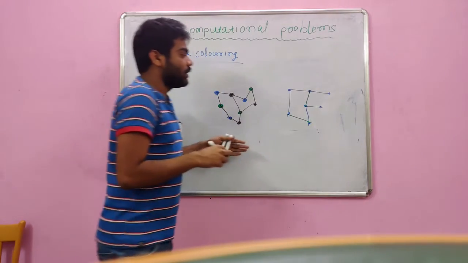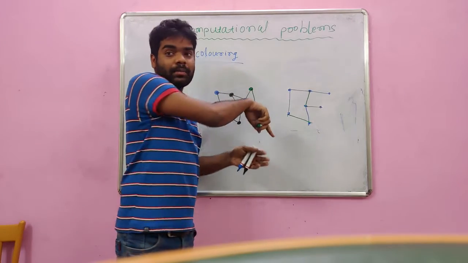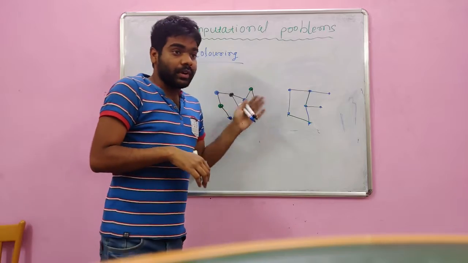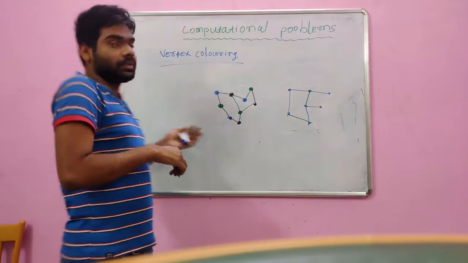This is the edge coloring. The two adjacent edges will not be of the same color. They should be of different colors. So these types of problems are very difficult to solve, so we have to use some algorithm.